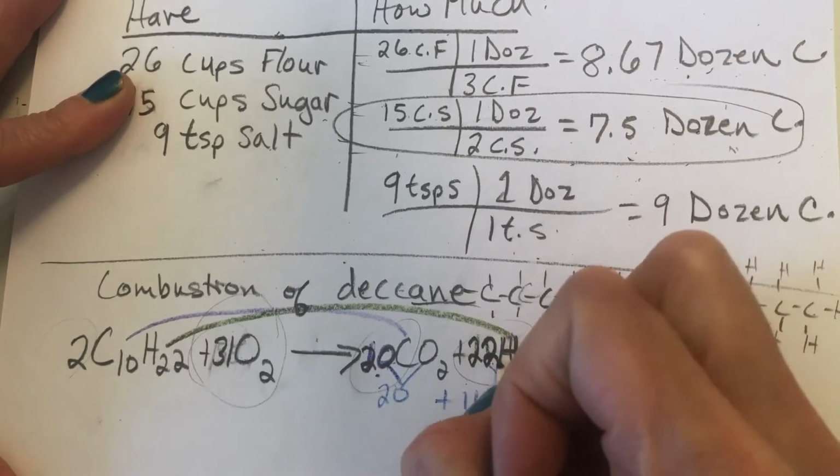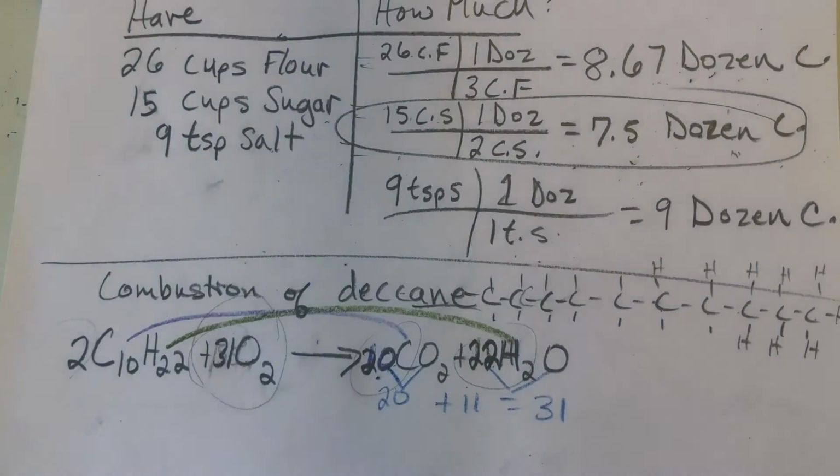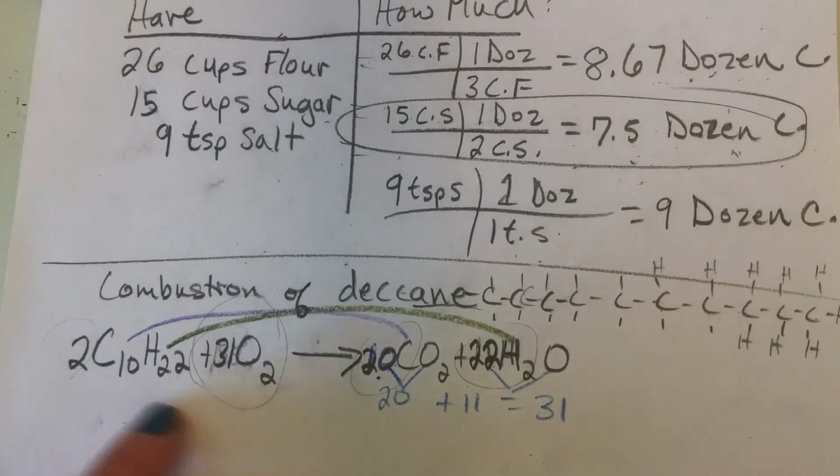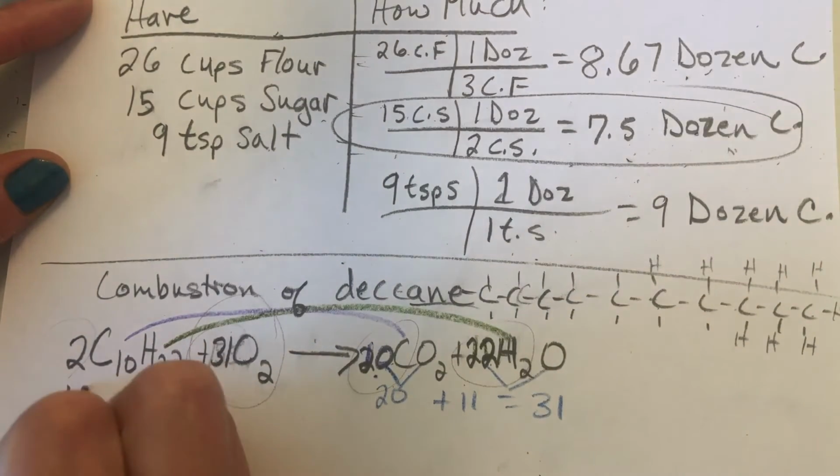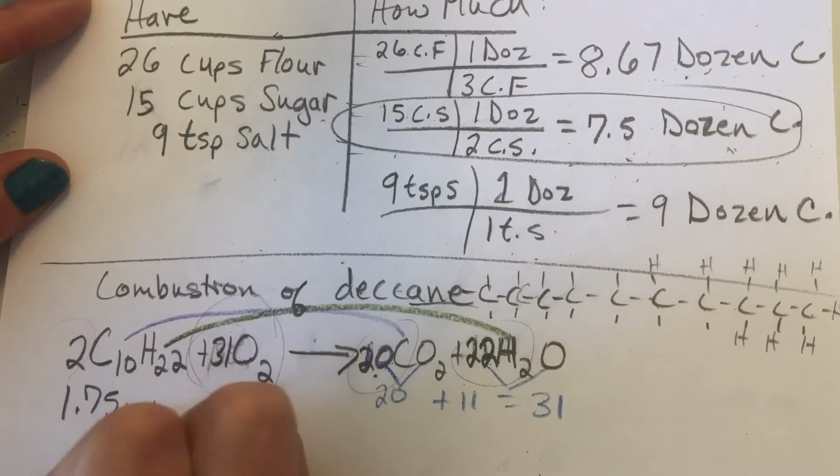And those are our coefficients of this balanced equation, and we're going to use that to convert molar quantities of one reactant or a product or something such as that, okay? So classic example, we're going to say we have 1.75 moles of decane.